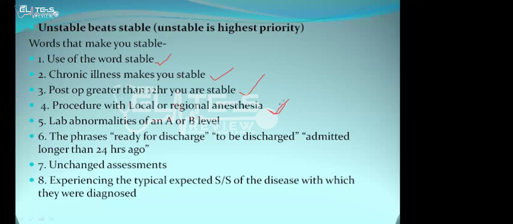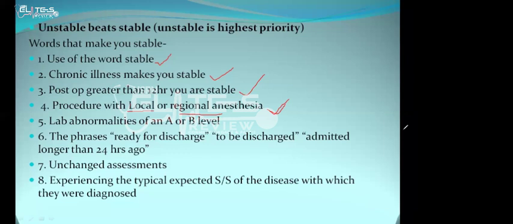So if the patient has not undergone general anesthesia and it's rather local or regional anesthesia, then that patient is not a major priority compared to someone who has undergone general anesthesia. The reason is that when you undergo general anesthesia, because you are put to sleep, everything is paralyzed. You are sedated before you are paralyzed.